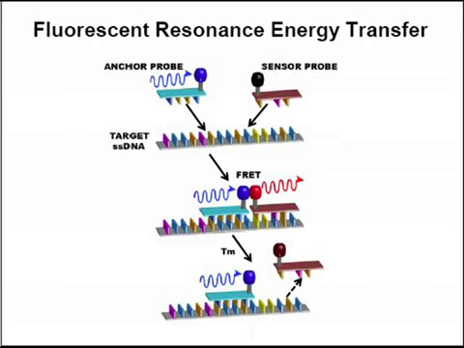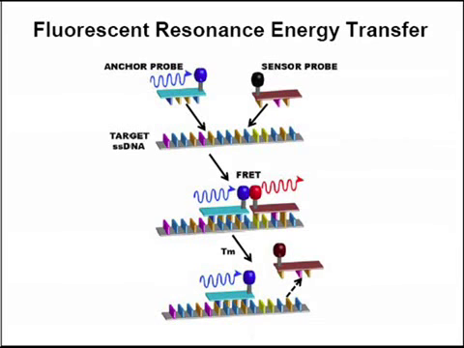However, when brought into close proximity with the anchor probe through the intended binding target of DNA, we have the sensor probe's fluorophore becoming excited and emitting a red light. And this is detected by your pathogen detection method and tells you that you have the correct sequence of DNA being detected by the device, and thus being positive for the organism of interest.